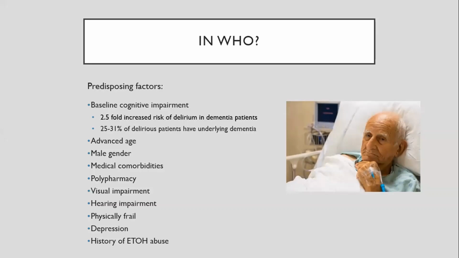Obviously, advancing age, male gender, medical comorbidities, polypharmacy, visual impairment, hearing impairment, being physically frail, and frailty is something we're talking a lot about in the current COVID climate, underlying history of depression and a history of alcohol abuse.